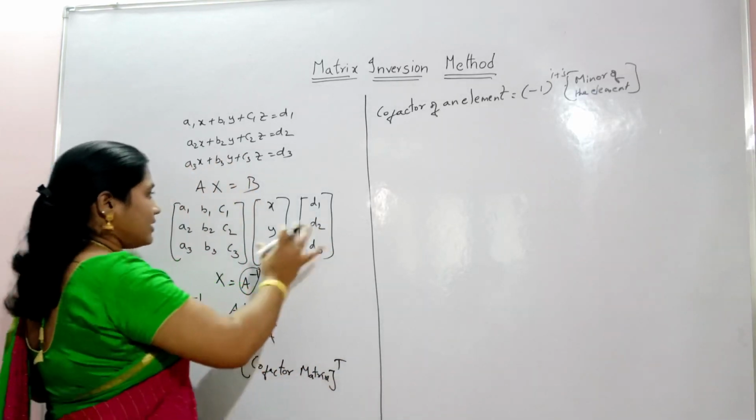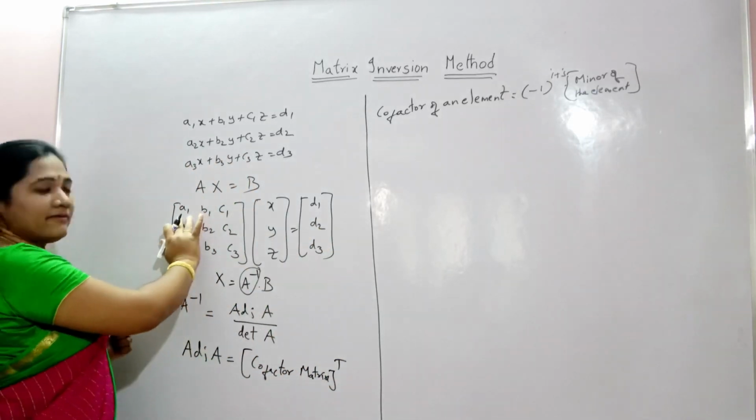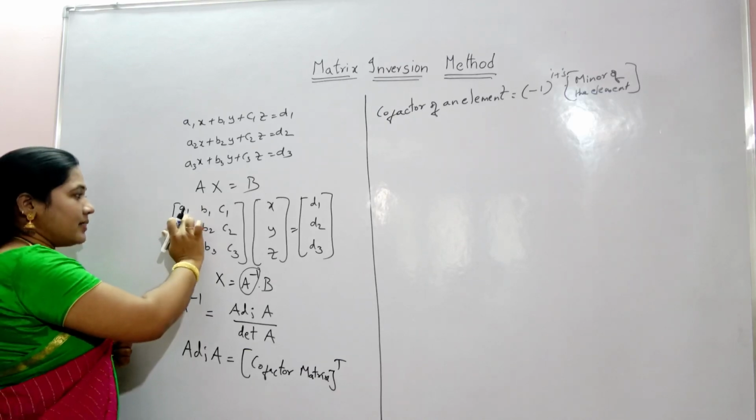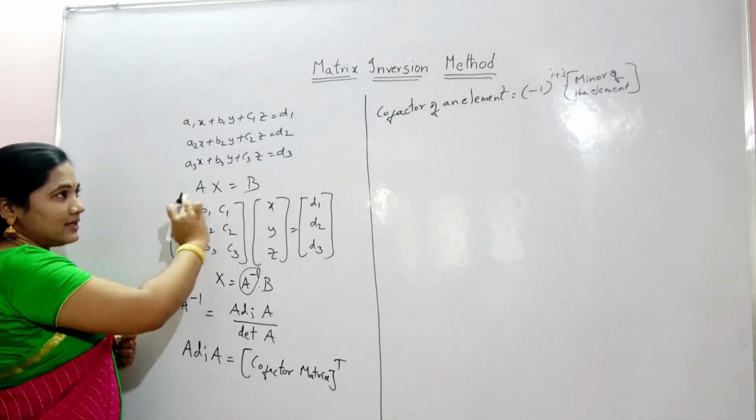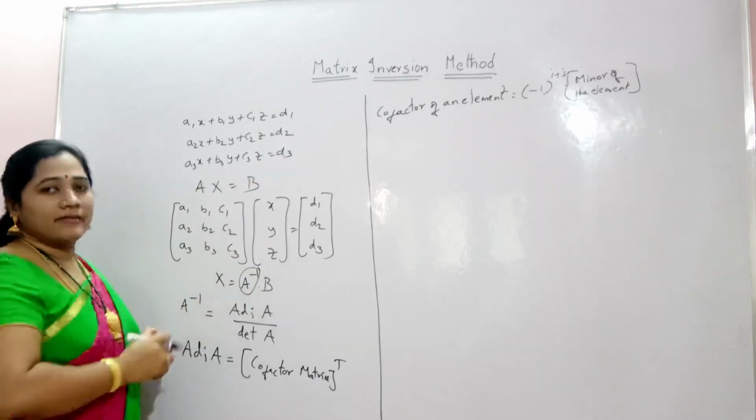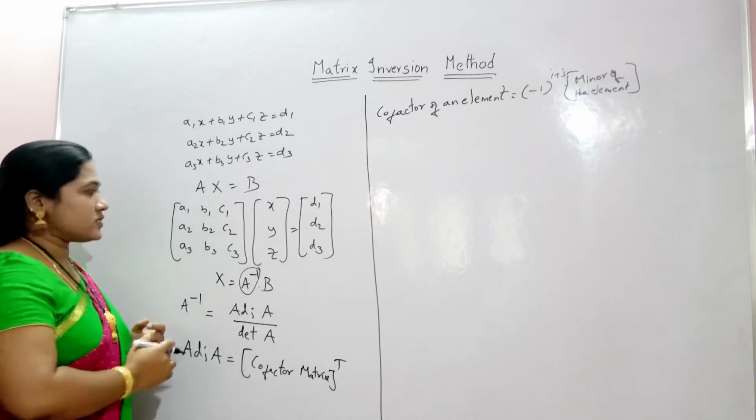Suppose you take the first element a1. It is in the first row and in the first column, so the sign is minus 1 whole power 1 plus 1. That gives the positive.